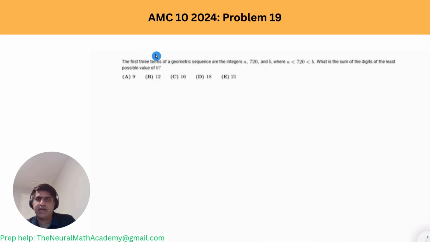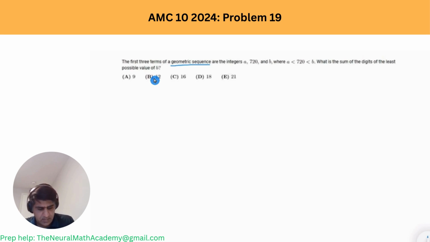Let's look at problem 19, where we are given that the first 3 terms of a geometric sequence are the integers a, 720 and b, where 720 is greater than a and less than b. What is the sum of the digits of the least possible value of b? We are already told that this is a geometric sequence.